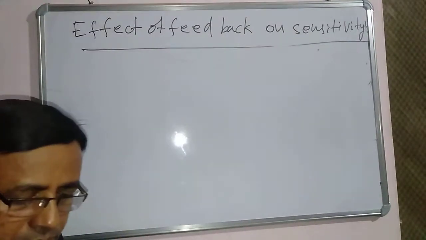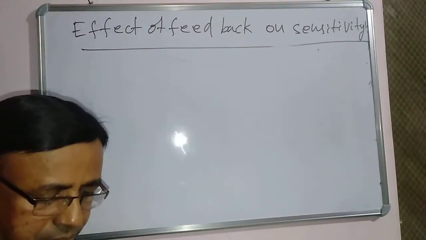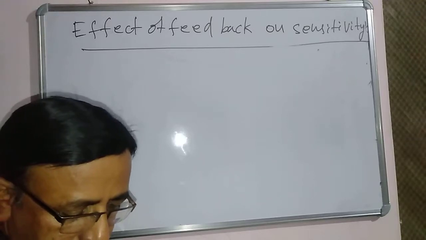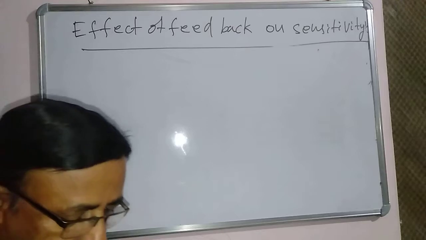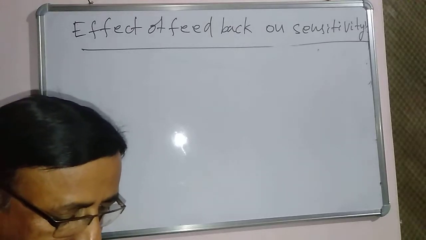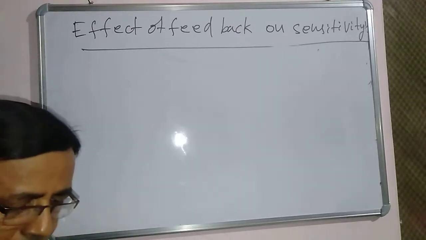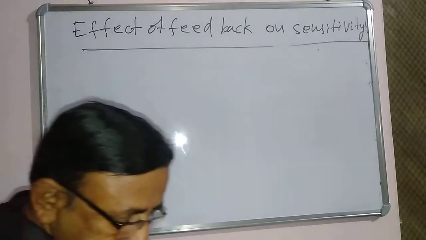So first let us discuss a feedback control system. Let us consider a small incremental variation in G(s).